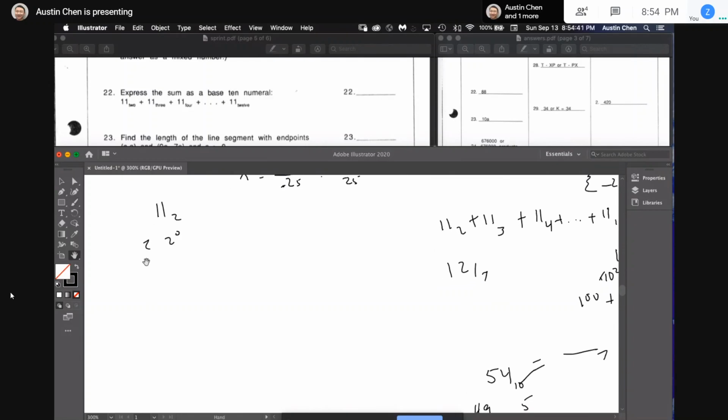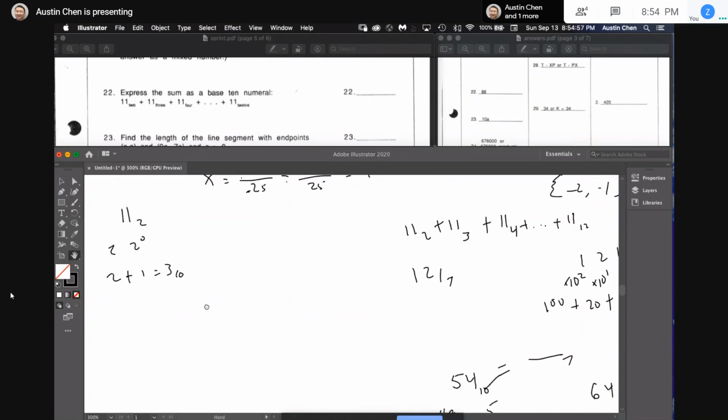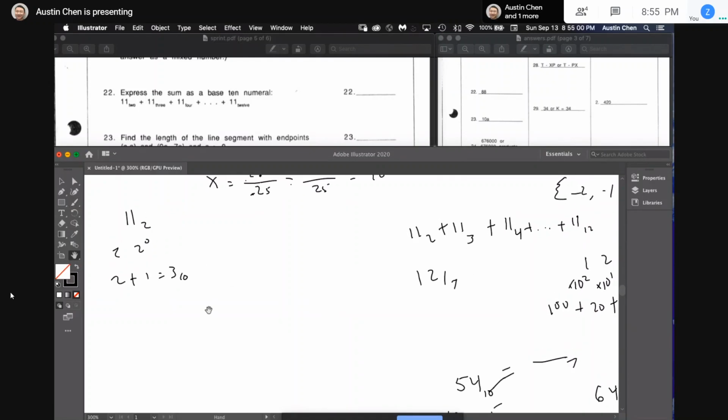Then we would get 2 plus 1, which equals 3. So 11 in base 2 equals 3 in base 10. Now, we can do this in a lot of ways.